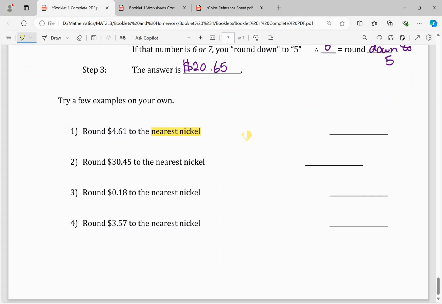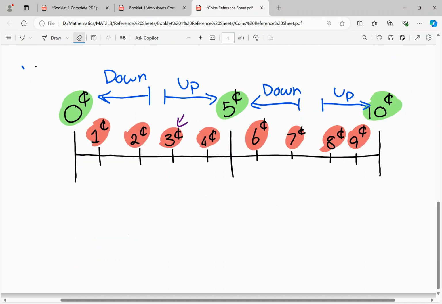Now, our number is $4.61. We focus in on that last digit, the hundredths, that 1. We go to our diagram.